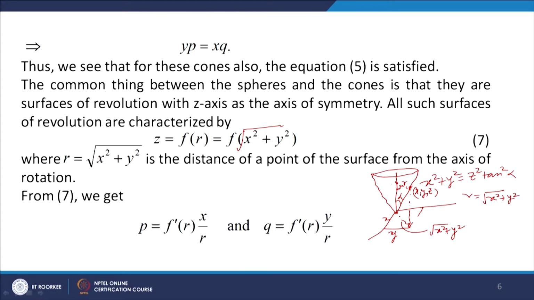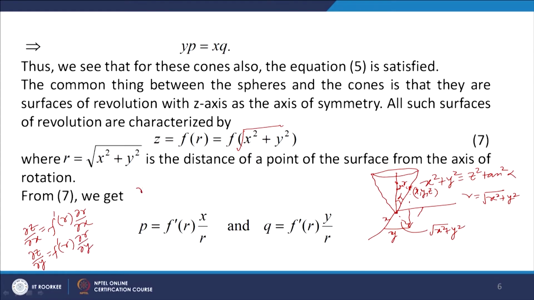So, z is a function of r, and from this equation z equal to f of r, when we differentiate this partially with respect to x, we get f prime r into the partial derivative of r with respect to x, and when we differentiate partially with respect to y, what we get? f prime r into the partial derivative of r with respect to y.